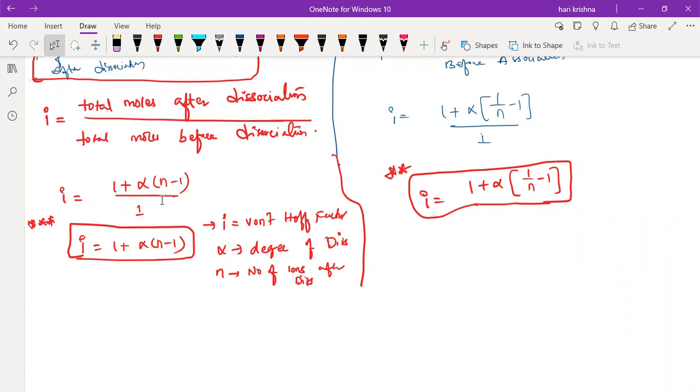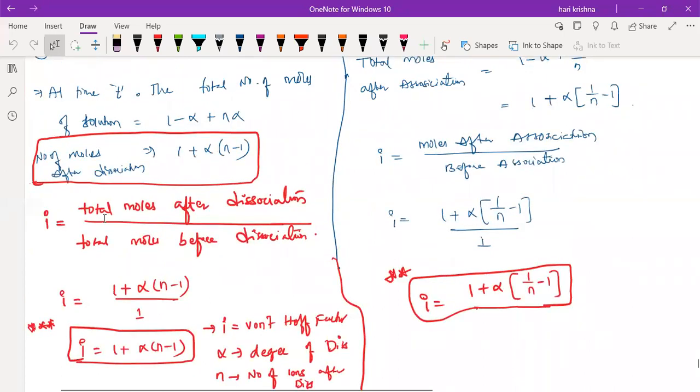In dissociation, we use the n number of ions. In association, we use the 1 by n number of ions. Okay, so this is one more factor about association and dissociation.